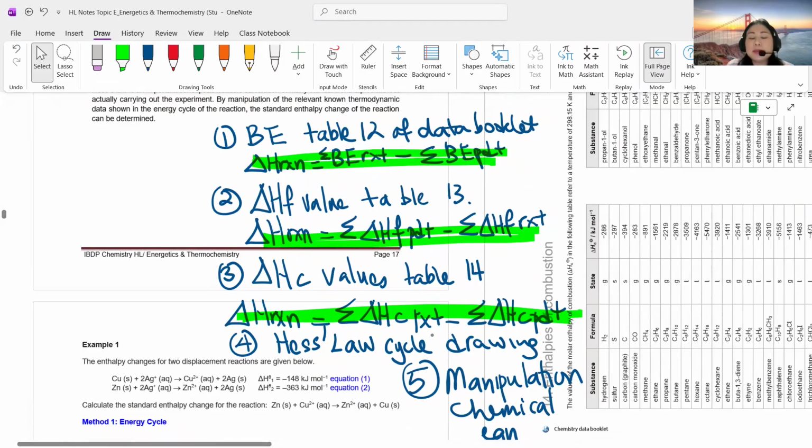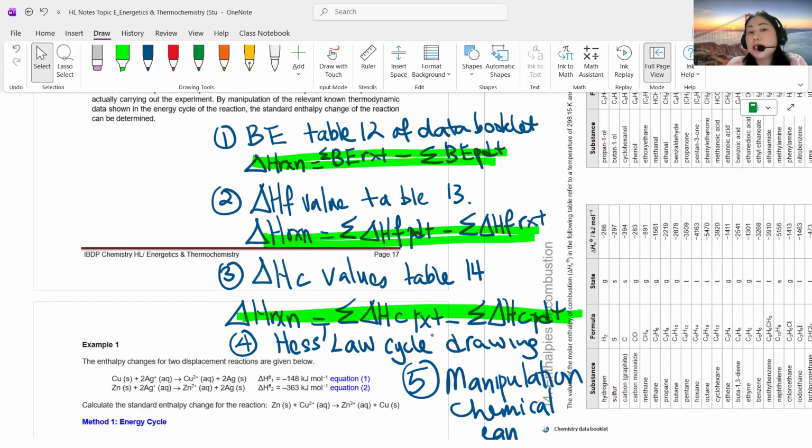Of course, for each method, sometimes they will tell you to refer to the data booklet. Some methods have additional requirements, like bond energy and so on. Generally, these are the 5 methods to calculate delta H if it's non-experimental.